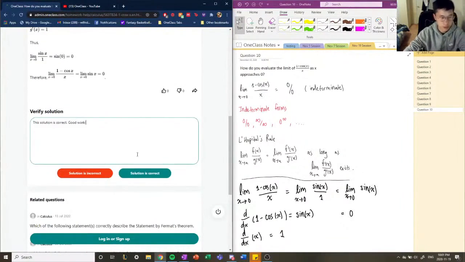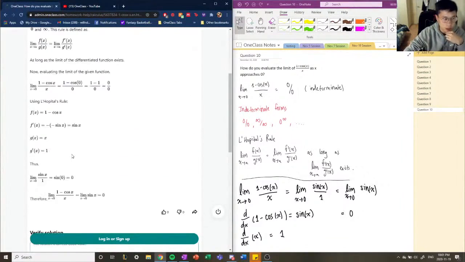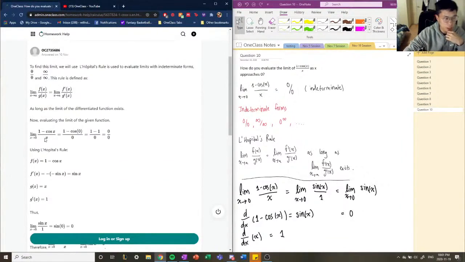So we realized that 1 minus cos x over x as x approaches 0 is indeterminate, so we use L'Hopital's rule to calculate the limit. We differentiate both the top function and the bottom function.